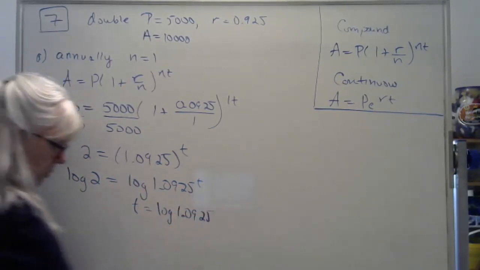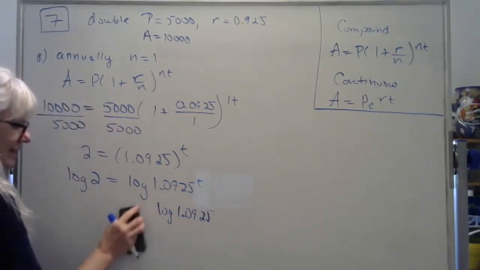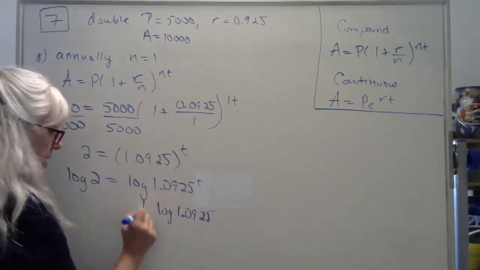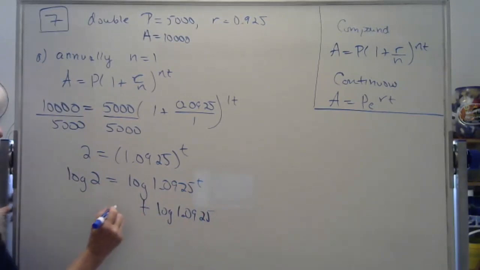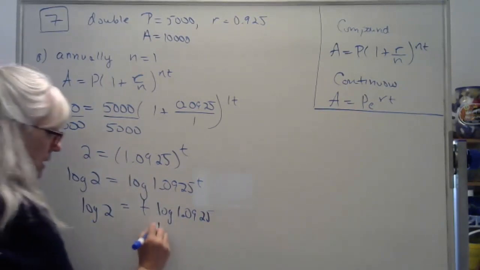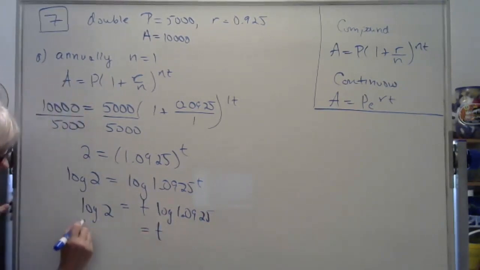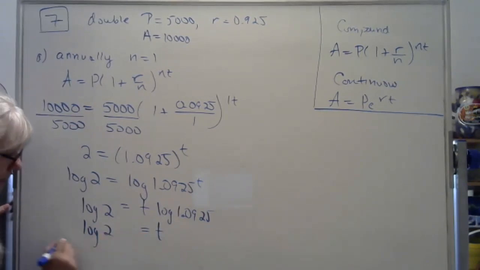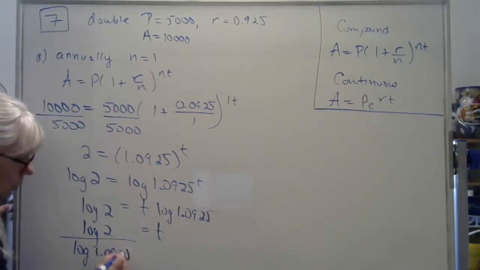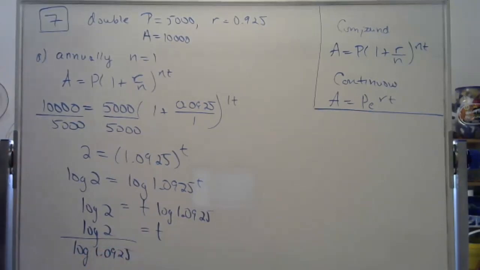So that's now t times the log of 1.0925 equals the log of 2. And because we're solving for t, all we have to do at the end is divide. So t is going to be equal to the log of 2 divided by the log of 1.0925. And that'll give us our answer.